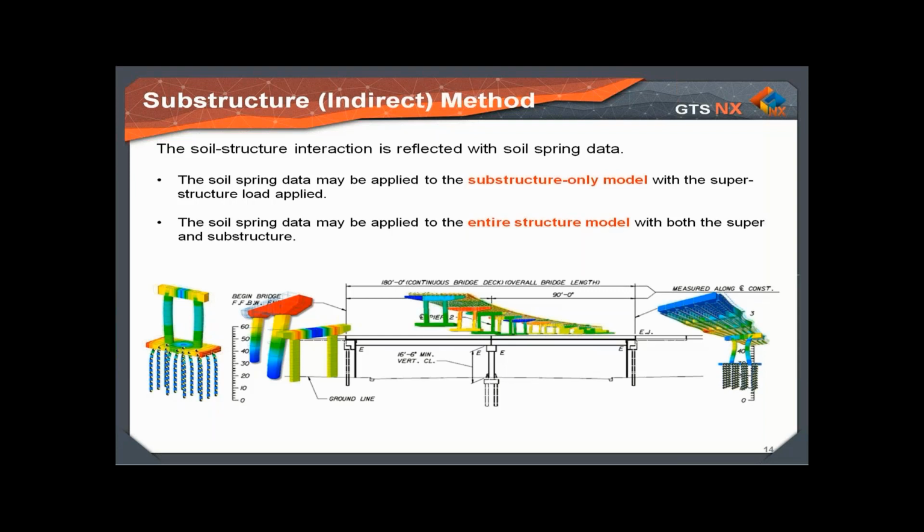First, handling the substructure apart from the superstructure, with the superstructure information reflected using the load or boundary conditions applied to the top of the substructure. Second, handling the entire structure together, meaning superstructure and substructure together. The first, the substructure only approach, is the common approach taken from design software such as RCPR, LFile, and FVPR.